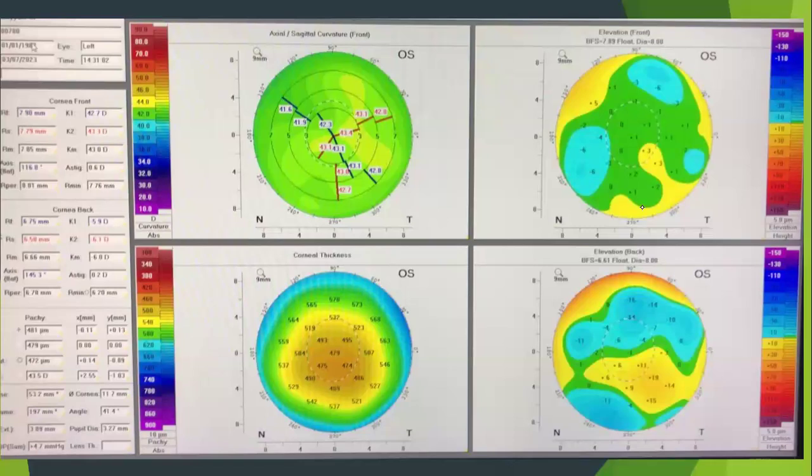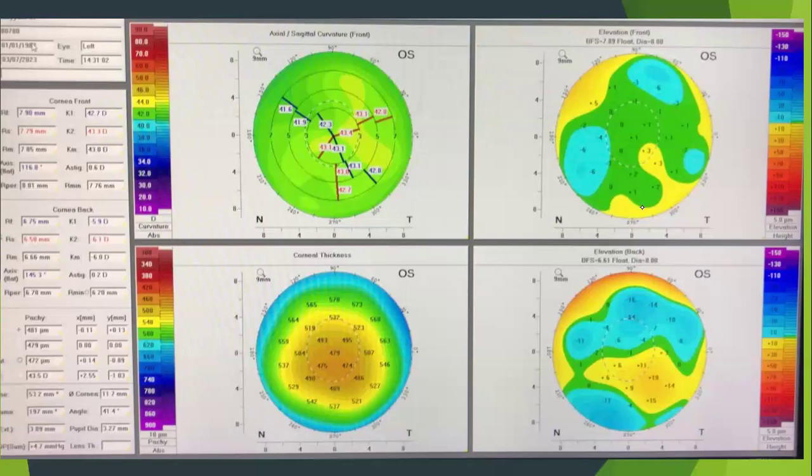Look, the y coordinate: draw a cross in the center of the cornea, an imaginary cross. Horizontal line is x coordinate, vertical line is y coordinate. So in keratoconus, the pathology is that the thinnest cornea is slightly central or paracentral, slightly inferiorly displaced.